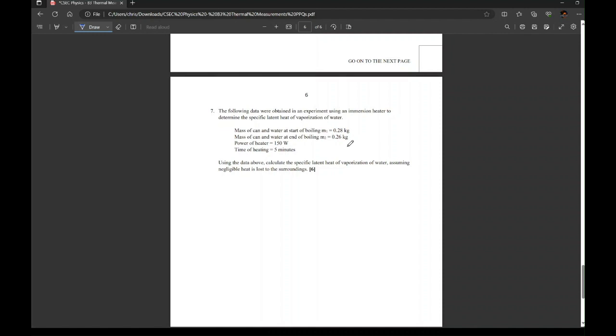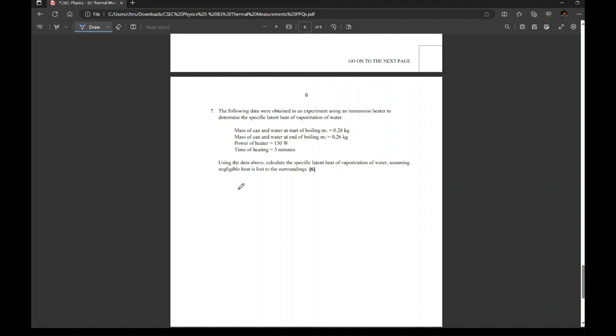So now we have a mass of water that was vaporized, and we can use that to calculate the specific latent heat of vaporization of the water. How are we going to do that? We're going to do that by using these two values right here, which are the power and the time. Because if you remember, power times time is energy. And based on the conservation of energy, if we are assuming negligible heat loss, then the power from the heater must have fully supplied the energy for the water to change state, right?